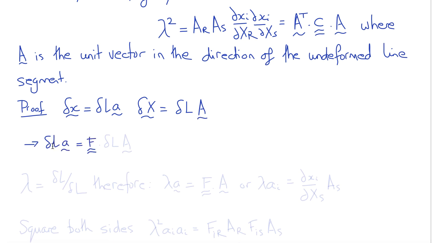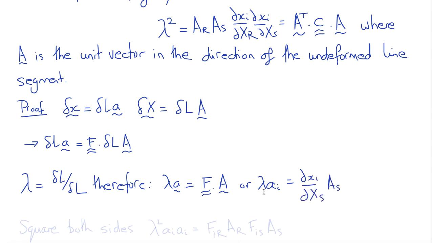So that would then say that delta l times little a must equal F times delta L times big A, because that's the definition of the deformation gradient tensor. Now, using the fact that the stretch ratio lambda is delta little l over delta big L, then we can rewrite this expression as lambda a equals F A, or in index notation, lambda a_i equals del x_i del X_S times A_S.